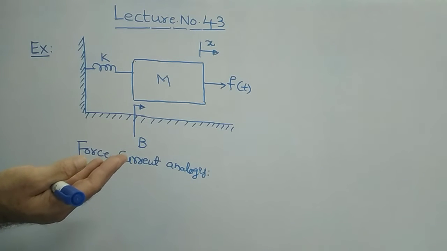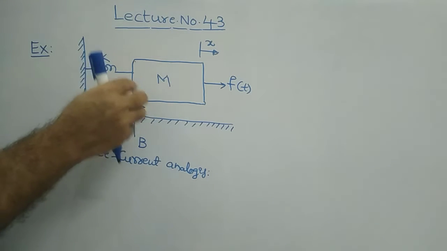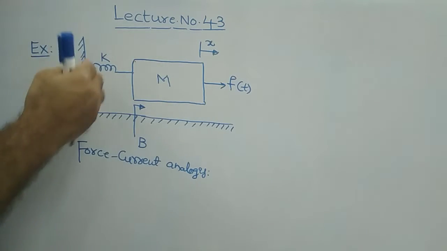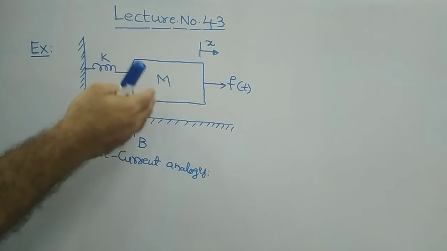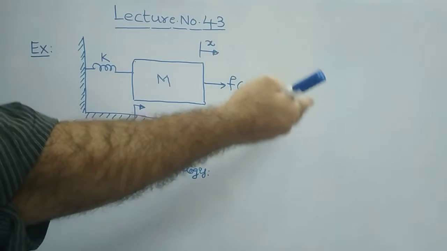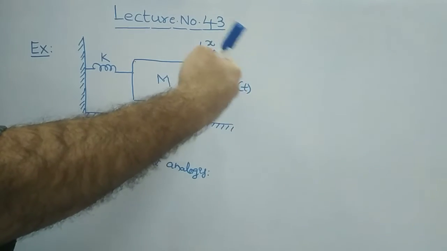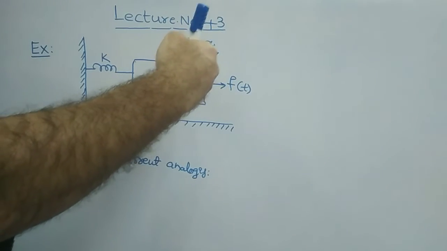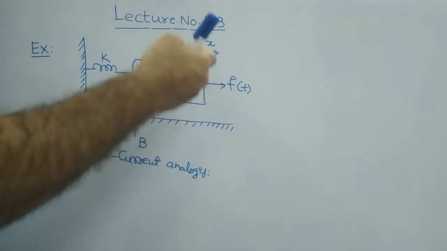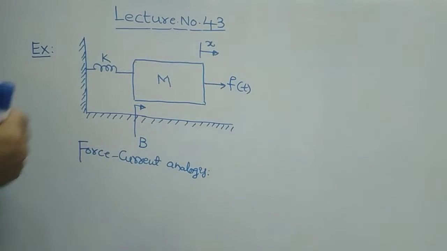In yesterday's presentation, for the same example, we saw how this mechanical system is converted into the corresponding electrical equivalent circuit. Simply it is an RLC circuit, resistance in series with inductance, in series with capacitance, and the input is the voltage, because it was the force voltage analogy.